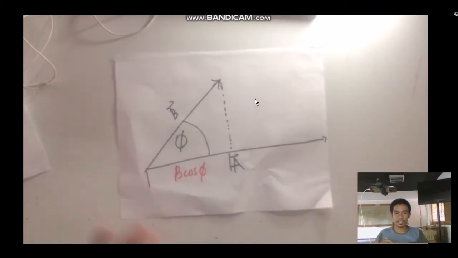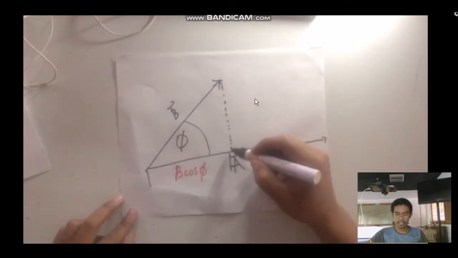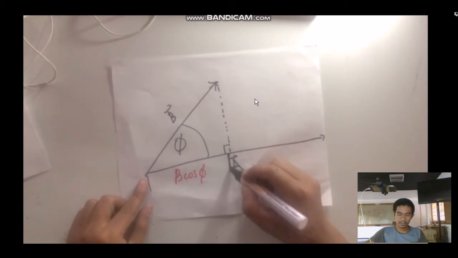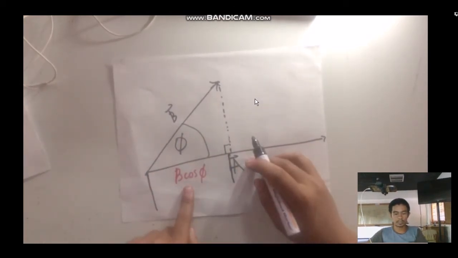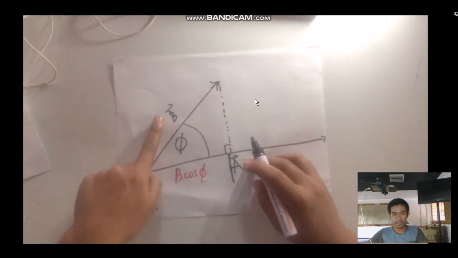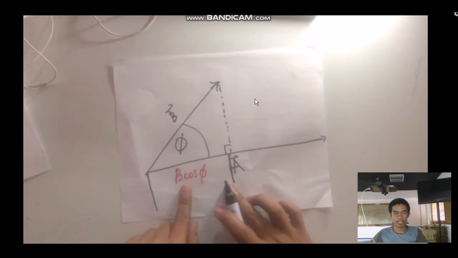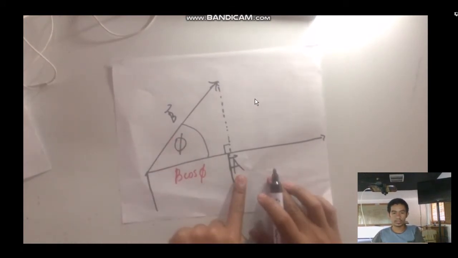Now, if I make a line from the tip of vector B perpendicular to vector A, then from this point to that point is the component of vector B. So there is a projection of the component of vector B onto the direction of vector A, right?